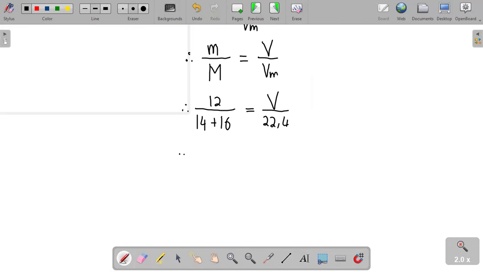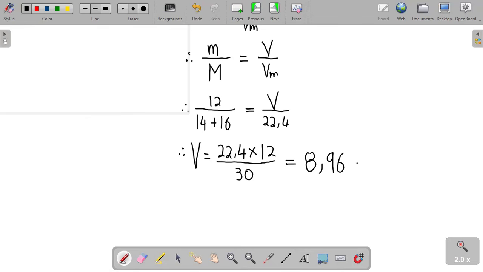So then we're going to have V equals 22.4 multiplied by 12 and then divided by 30, then equals, so you use a calculator here, it gives me 8.96 cubic decimeters.